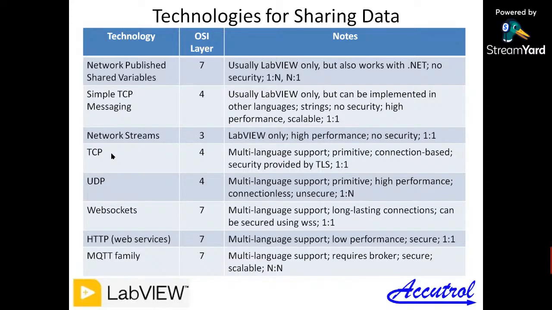So usually if you need to maintain a connection, you use something like WebSockets. And to secure it, you use something called WSS. If you're just using the unsecured, you can use something called WS. And it, again, is peer-to-peer.